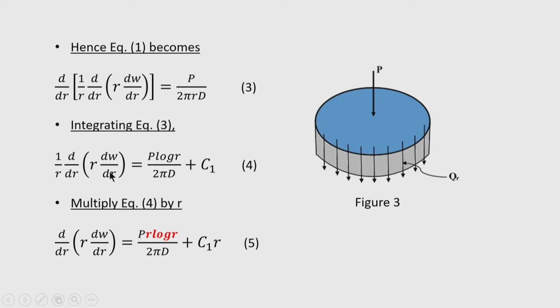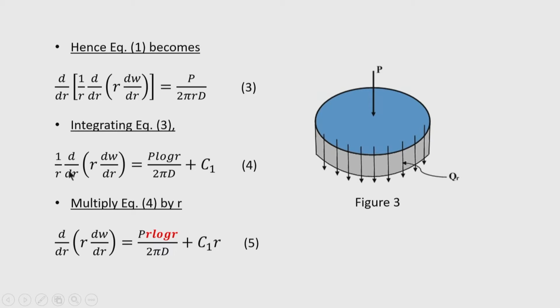Again we have to integrate, but before integration you see that the 1 by r term is associated on the left hand side. If I integrate this equation by parts, it will give a complicated expression, and you will not be able to get this W so easily.